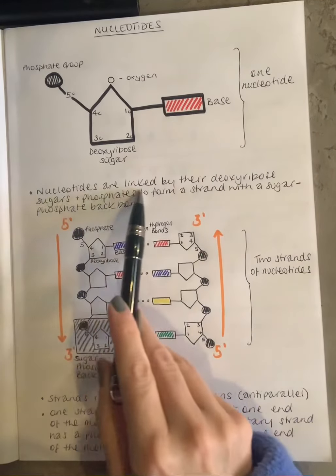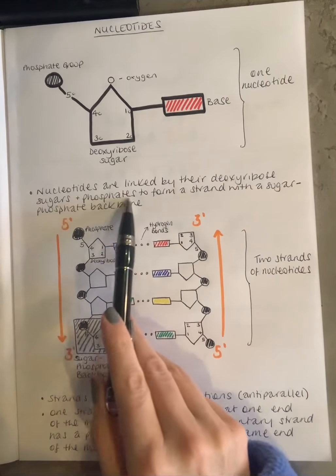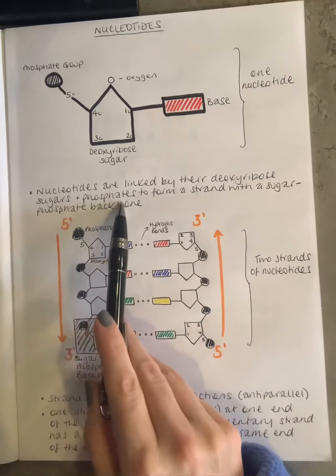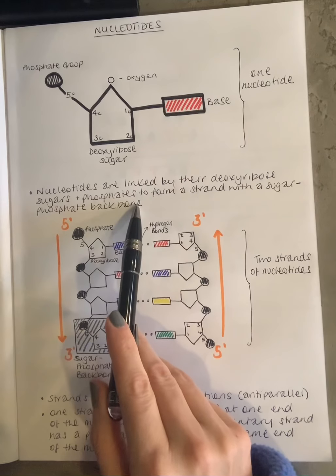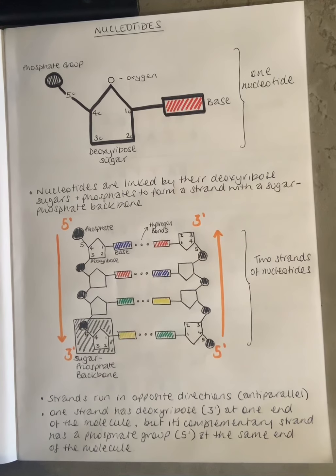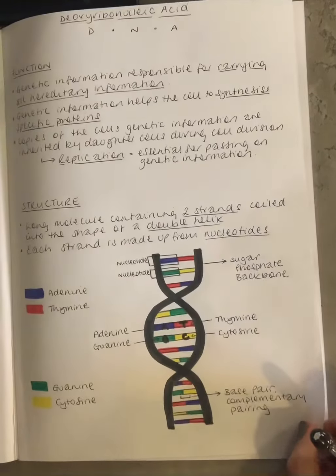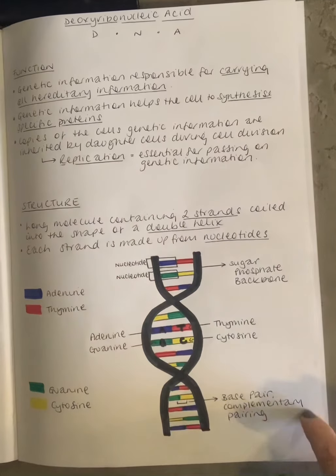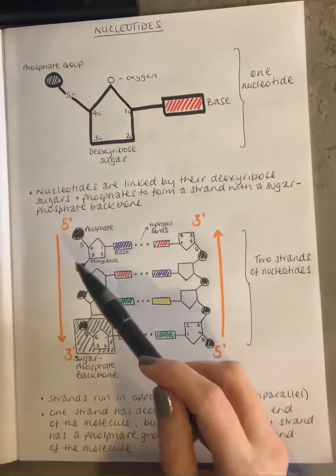So it says here nucleotides are linked by the deoxyribose sugars and phosphates to form a strand with a sugar phosphate backbone. So if we look at this diagram here, imagine that this is a close-up of that previous diagram.